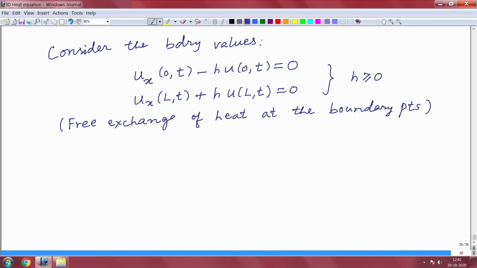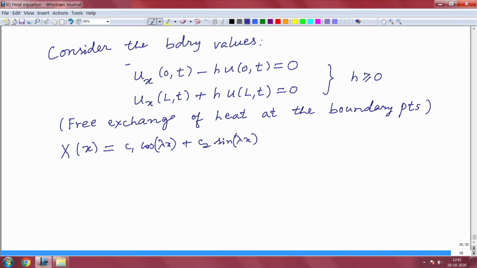So, now again recall this X is C1 cosine lambda x plus C2 sin lambda x.